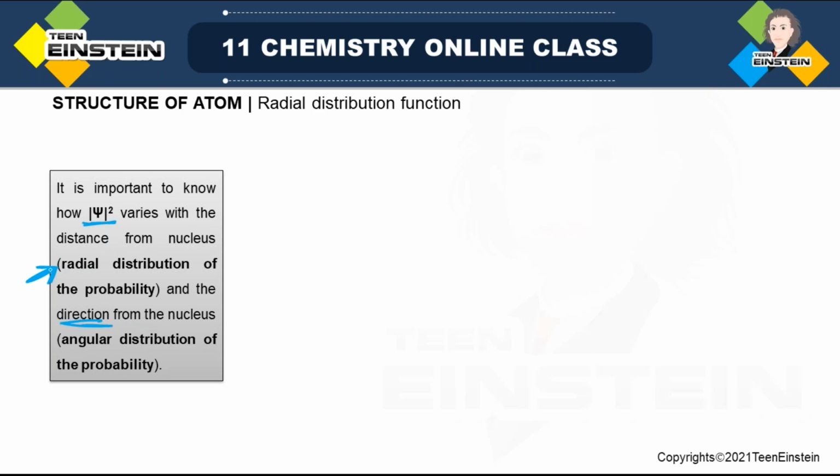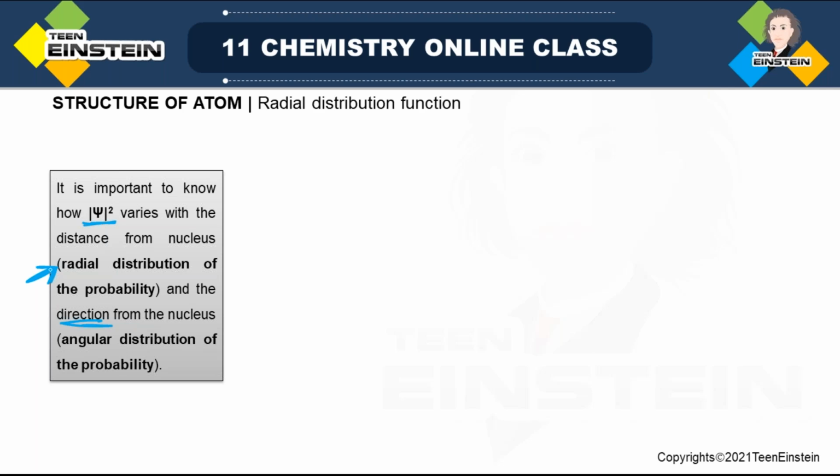The second one, the direction, the angular distribution of probability, the details are not in our syllabus. But for the radial distribution function, there are some specific graphs of how chi square changes with distance r, and problems are also based on these. To solve those problems, we have to understand this radial distribution function, which is solely based on the radial component, not the angular component.